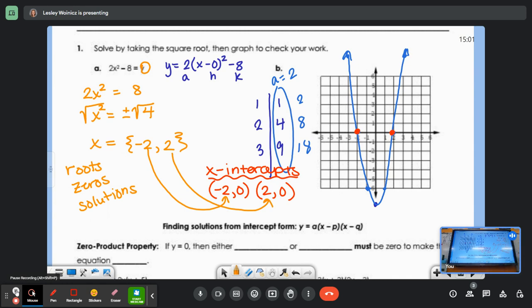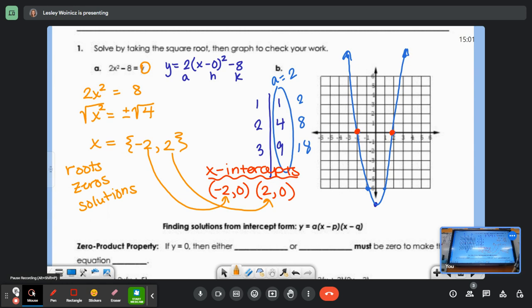They are the x values that make the y value 0. So if I know my x-intercepts, I can find my roots. If I know my zeros, I can get my x-intercepts. They basically give us the same information. The difference is that these are solutions that go in curly brackets, and these are points in parentheses.